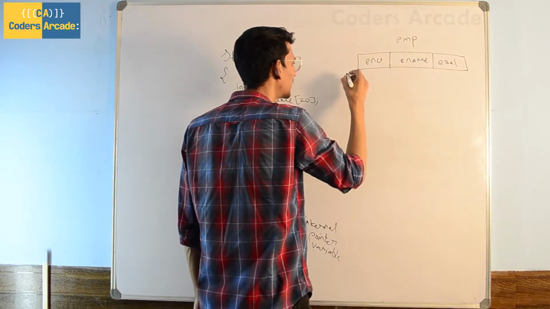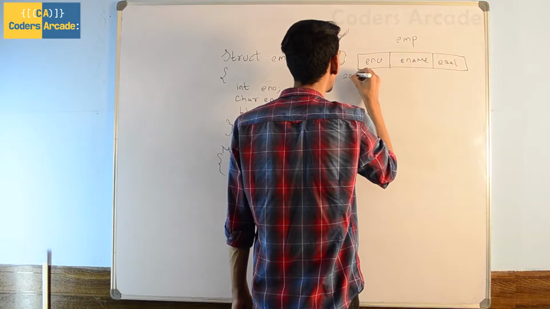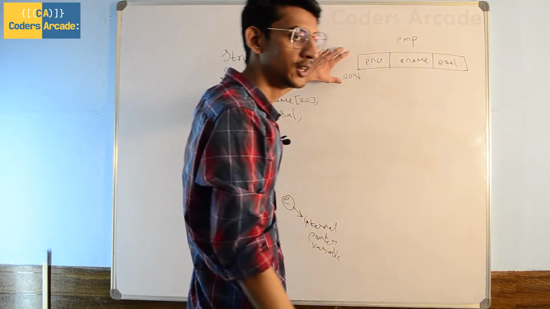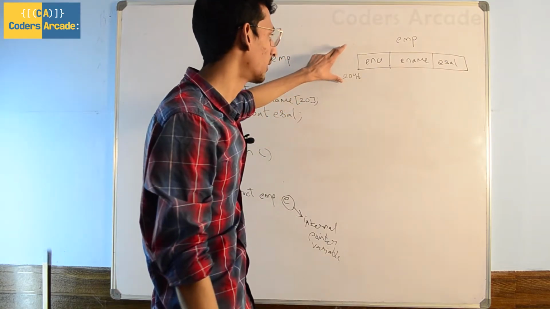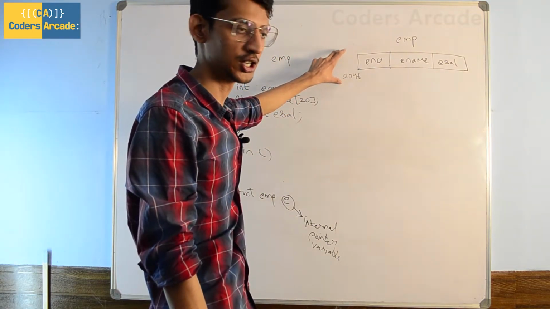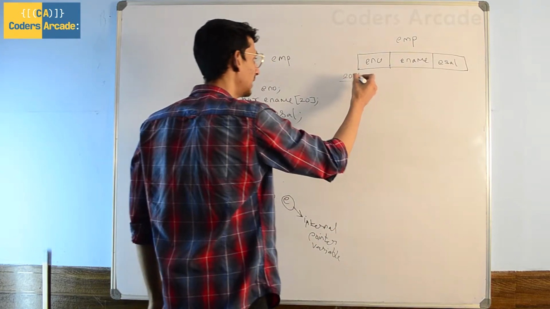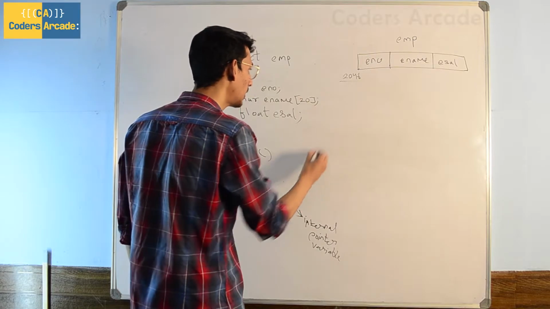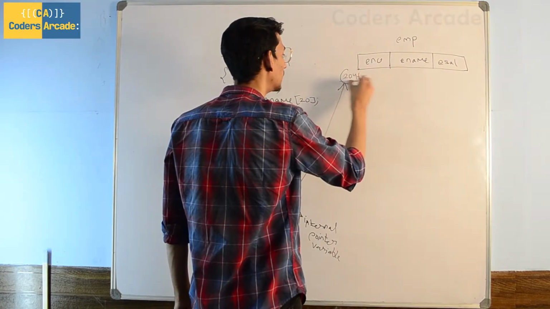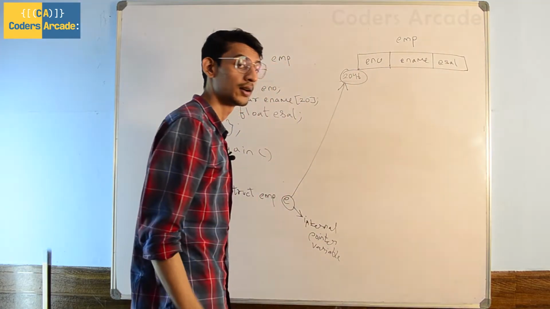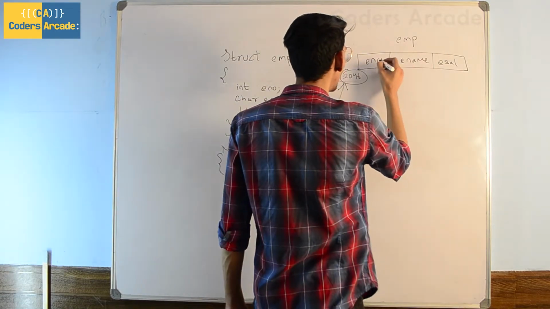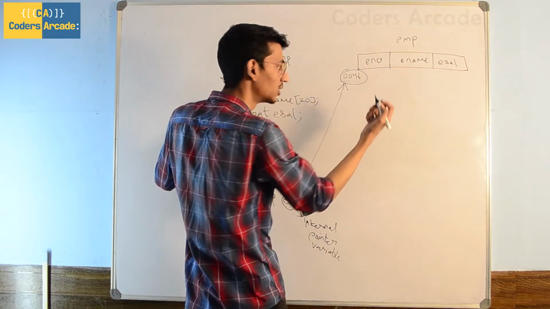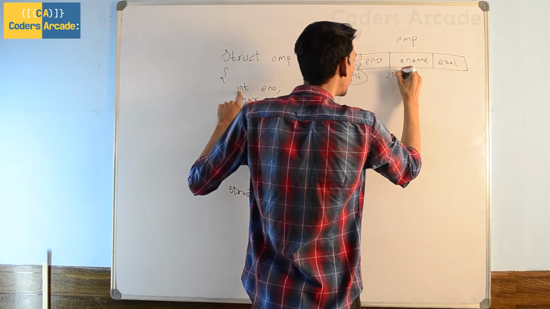Salary. Let's start with any random address, 2046. This is how it is going to be stored in our memory, or this is how it is going to get a memory allocation. We are starting from any random address. E, which is our internal pointer variable, will point towards the base address of our employee structure, followed by E number, which occupies 2 bytes because it is an integer, so it goes to 2048.